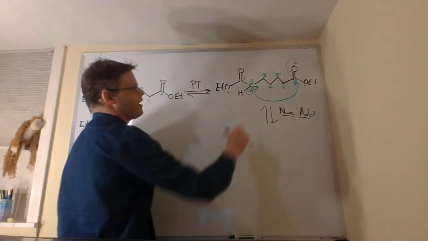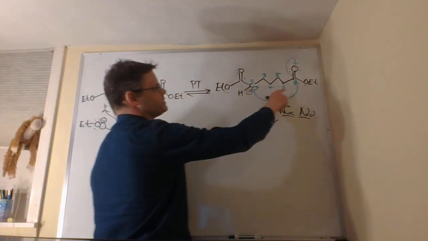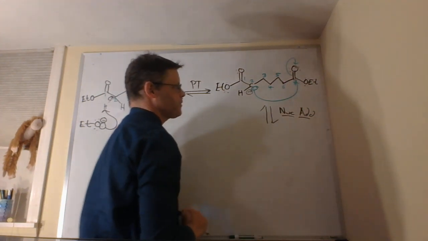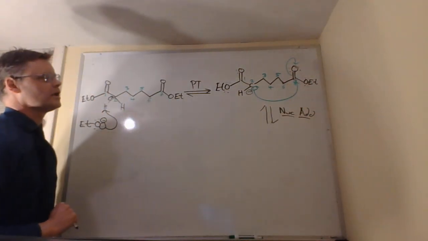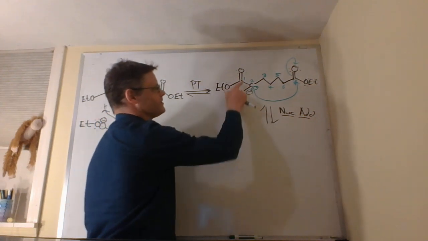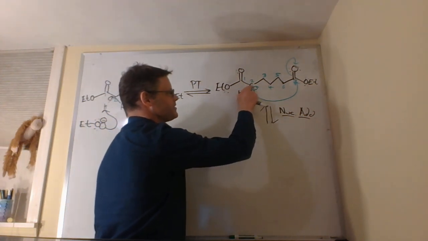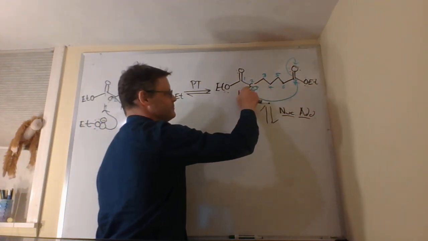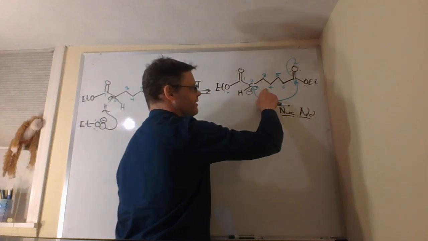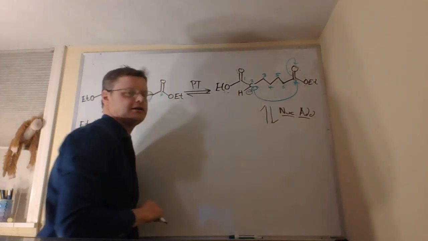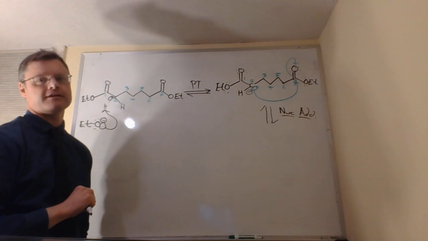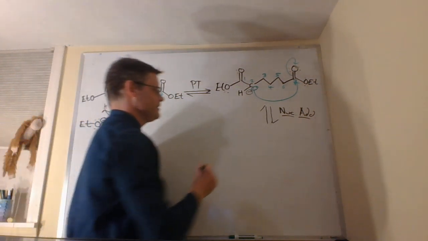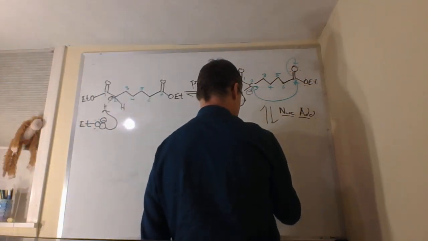I'm making a bond between carbon 2 and carbon 7. So whatever I draw, I need to make sure carbon 1's connected to carbon 2, carbon 3's nestled in between carbons 2 and 4. If you find numbers in places they shouldn't be, you need to rethink your connectivity here.